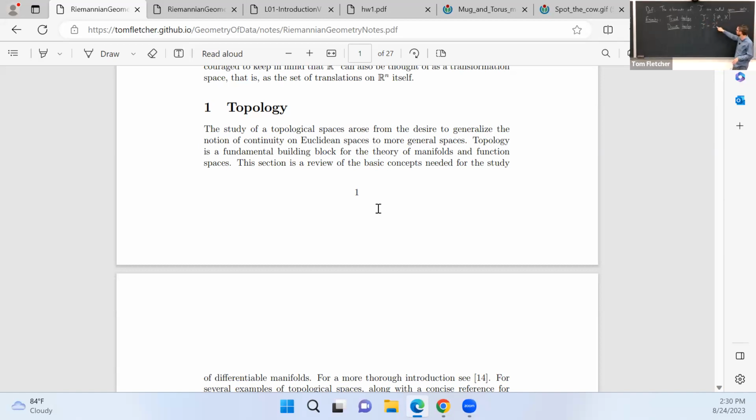It doesn't mean a number 2 to the X. It just means the set of all possible subsets of X. I could write that as all sets A such that A is a subset of X. The collection of all sets A such that A is a subset of X.